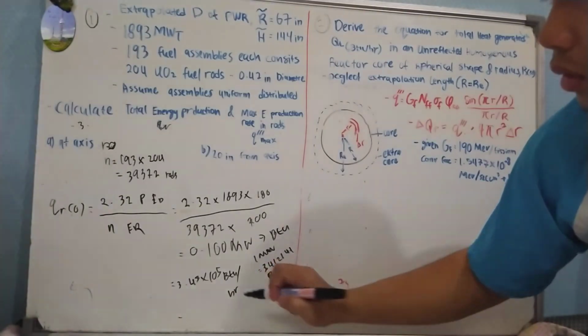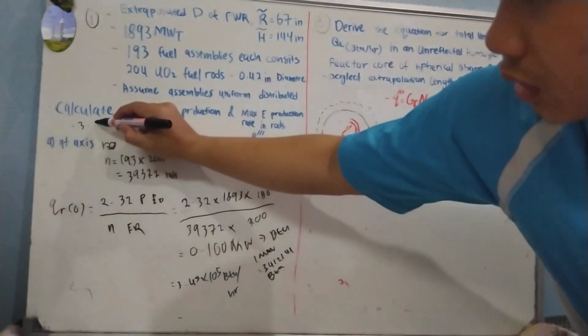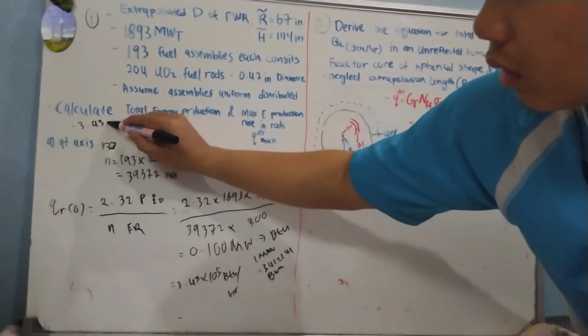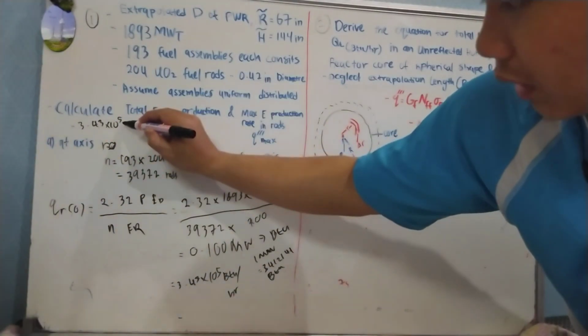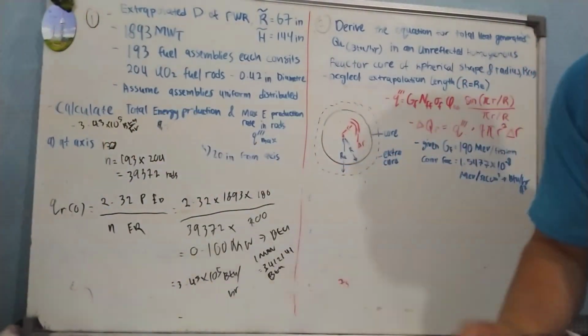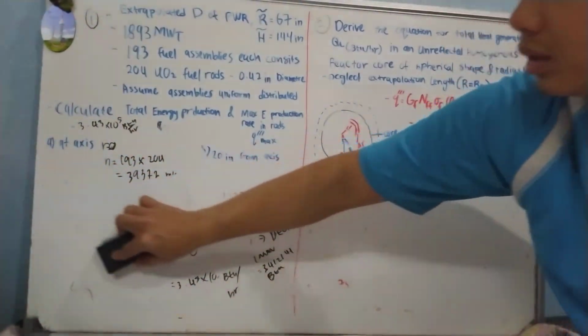Sorry, I said 3.34 earlier; it is 3.43. We write this down first because we will use it in the next step. 3.43 times 10 power of 5 BTU per hour. So this is the QR.